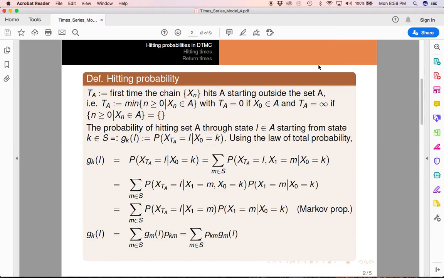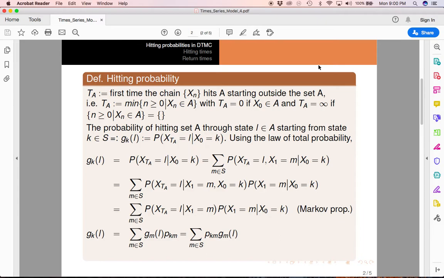So we would do that by considering the probability that X sub T sub A equals L and X sub 1 is equal to M, given that X naught equal to K. That is, the first step that we have taken is equal to M, and M could be any of these disjoint events. And we will have to compute this conditional probability.